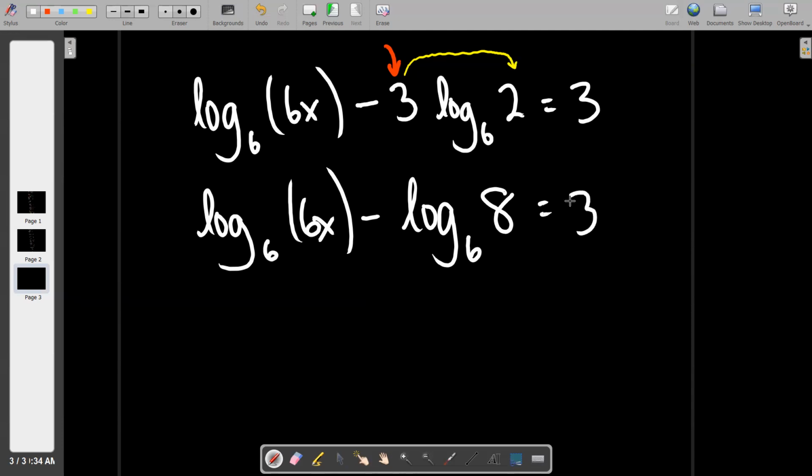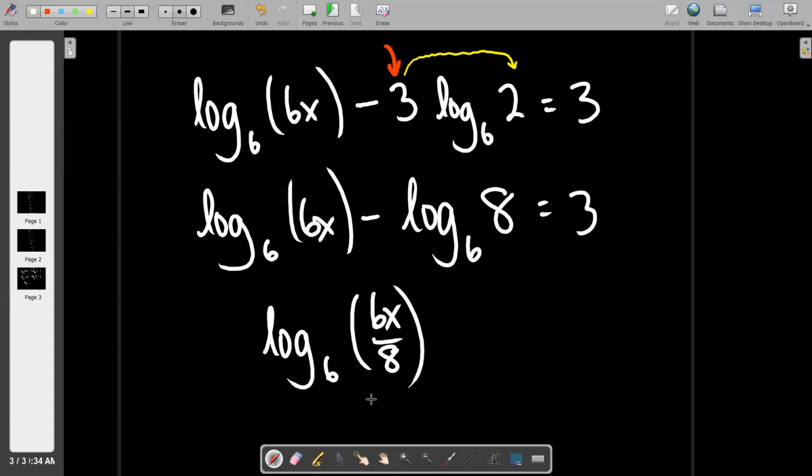Now what are we going to do? It's time to condense. And when I condense, I will use division, and I won't actually divide it. Remember, I will just express it as a fraction.